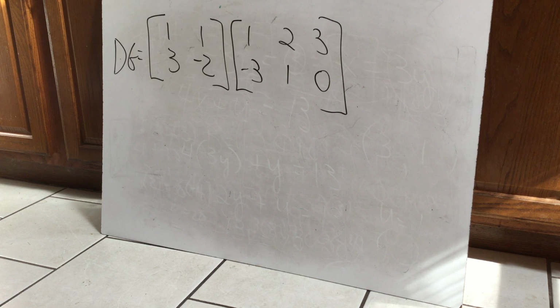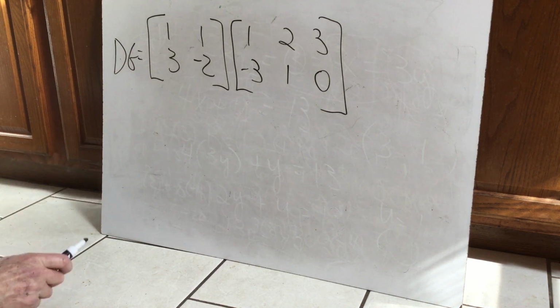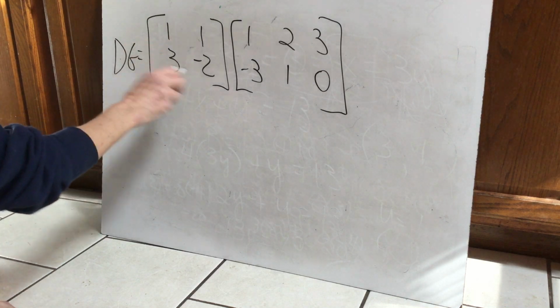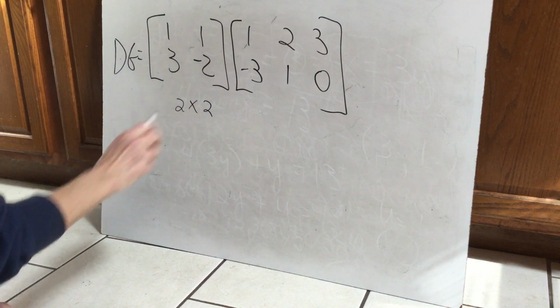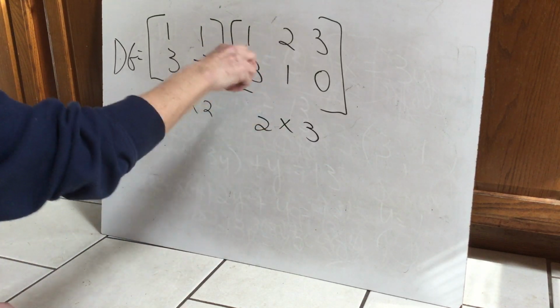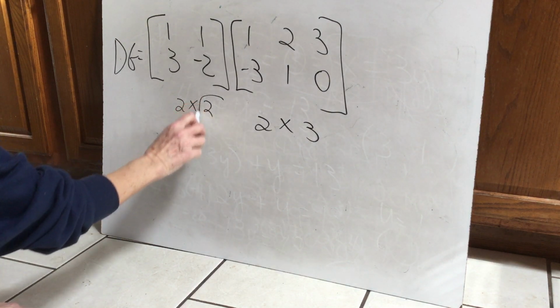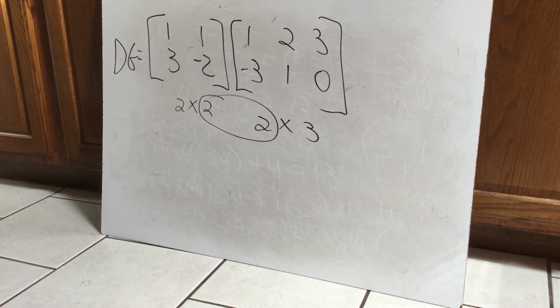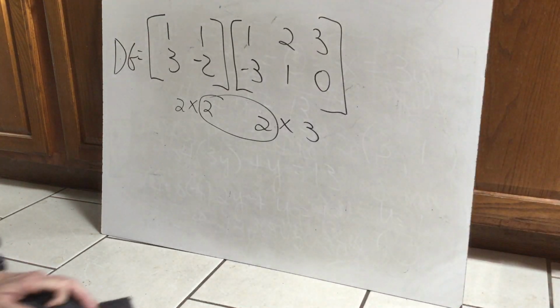I am multiplying matrix D times matrix G. Now, remember we talked earlier about how we tell if we can even multiply, because sometimes we can't do it. The dimensions here: 2 rows, 2 columns. The dimensions here: 2 rows, 3 columns. These match. That means that we can multiply.